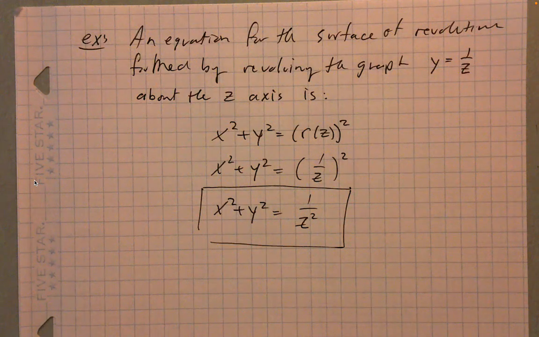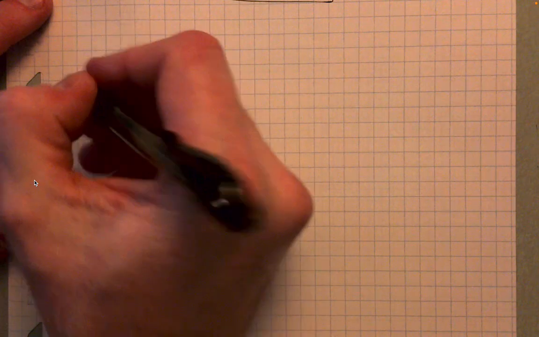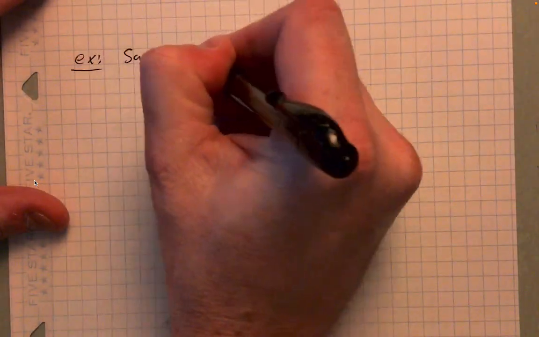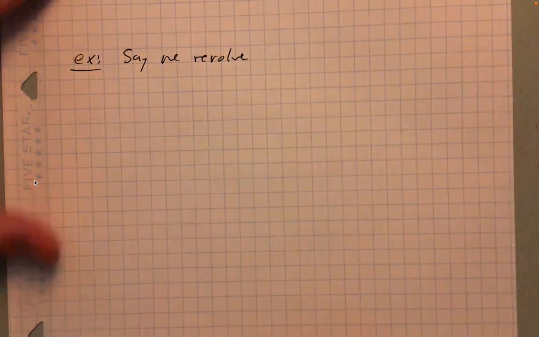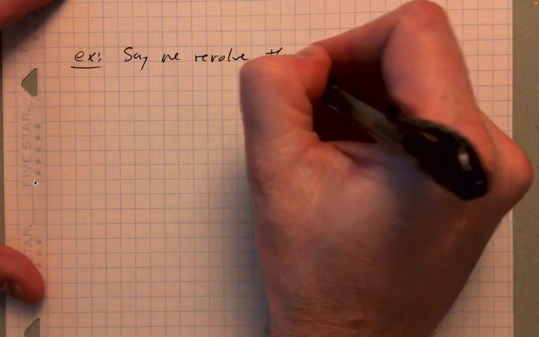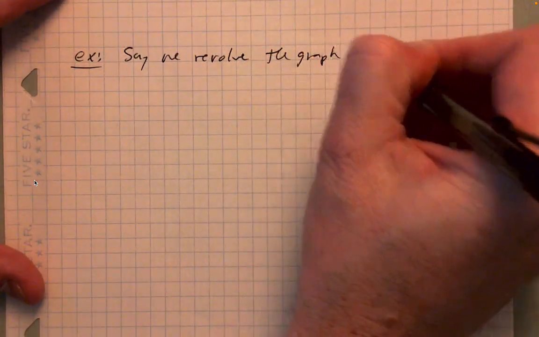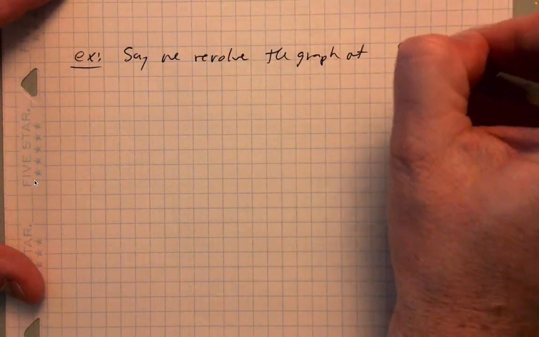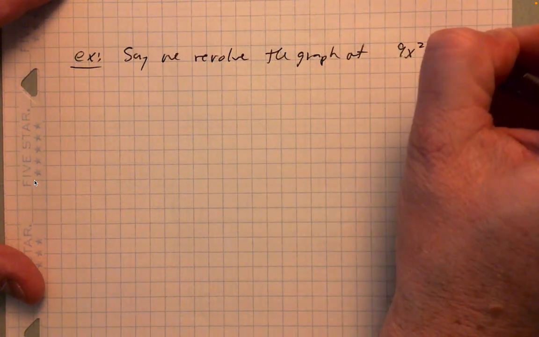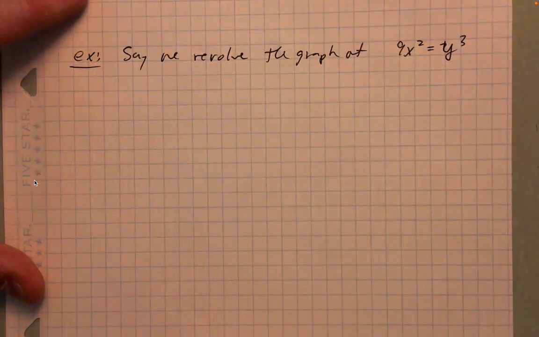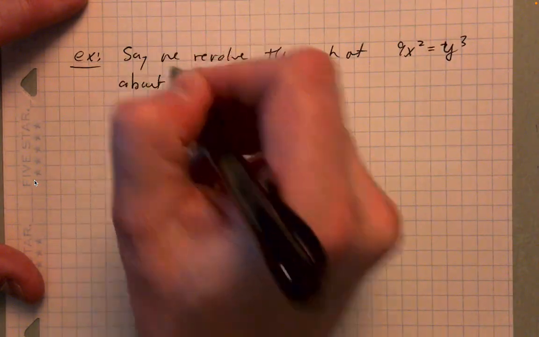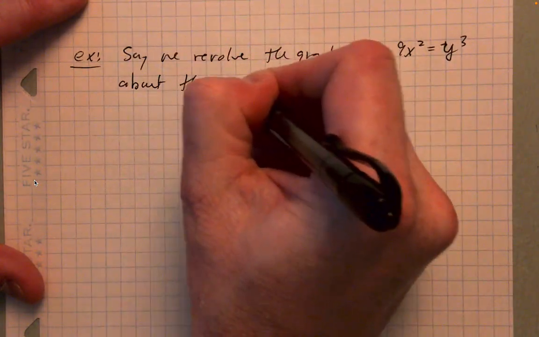Perfect. Let's do one more example. Say we revolve the graph of 9x squared equals y cubed about the y-axis.